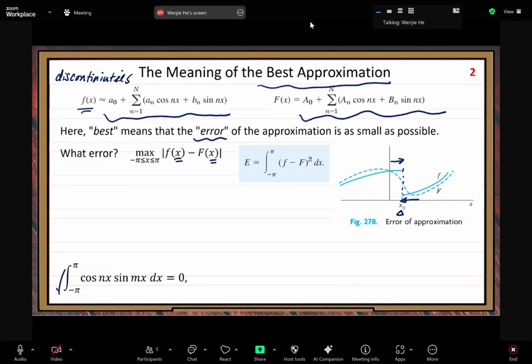For simplicity, let us assume that the jump equals 1. At that point x0, the jump is 1. If you use this way to calculate error, how good is it?